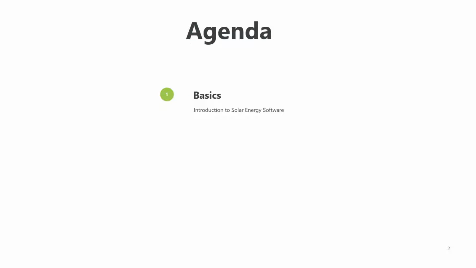So today's agenda would be just an introduction to this solar energy software. What is the basic, how does it work actually, and then we'll go over these three softwares which I've actually used in different projects both in India as well as in US.